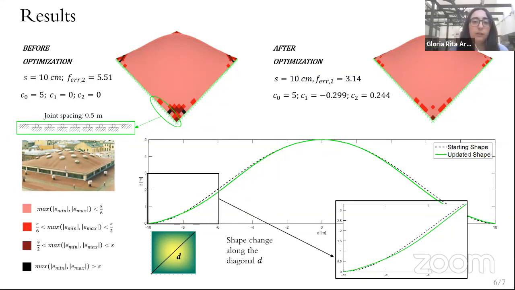And the optimization has been performed considering the structure subjected to self-weight load, and a thickness of 10 centimeters has been considered. So it can be observed an improvement of the generalized eccentricity, and that is obtained by a very small variation of the shape that you can see in the bottom picture.